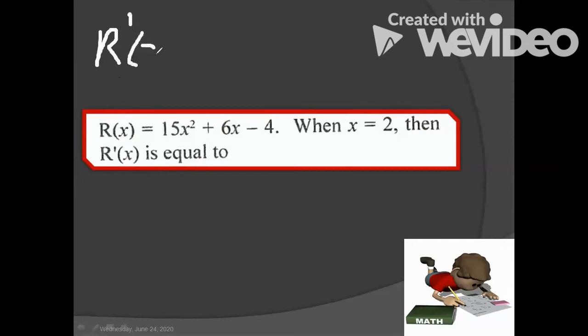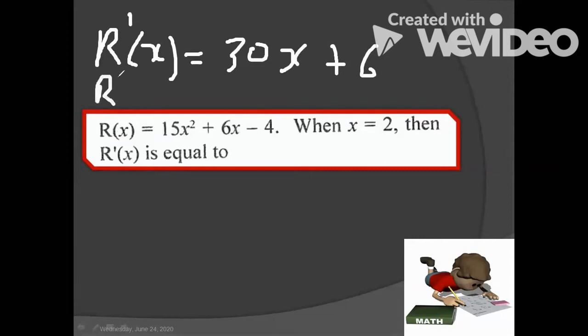So r becomes r prime, or otherwise dy/dx. So this will give us 30x plus 6. And we want to know what this value is when x is equal to 6. So we're going to replace x with 6.